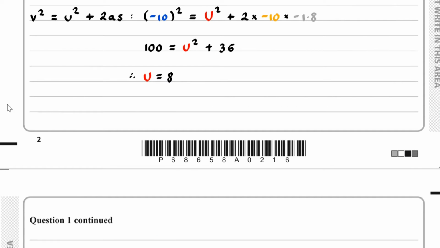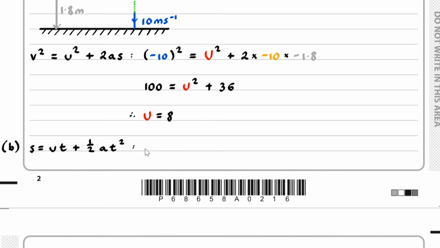And so, for part B of the question, using s equals ut plus 1/2 at squared, we have s, which is negative 1.8, and that's equal to u, which is 8 multiplied by t plus 1/2 multiplied by a, which is -10, multiplied by t squared. We need to find what t is.